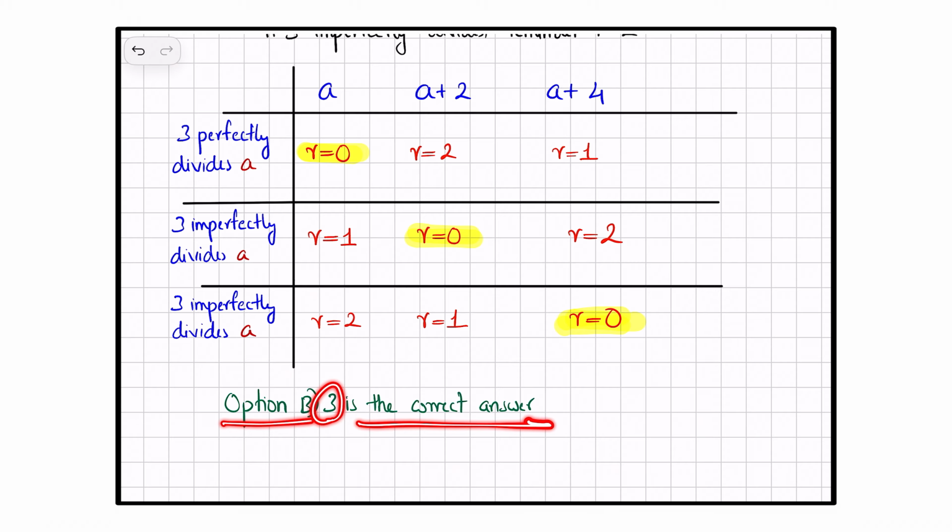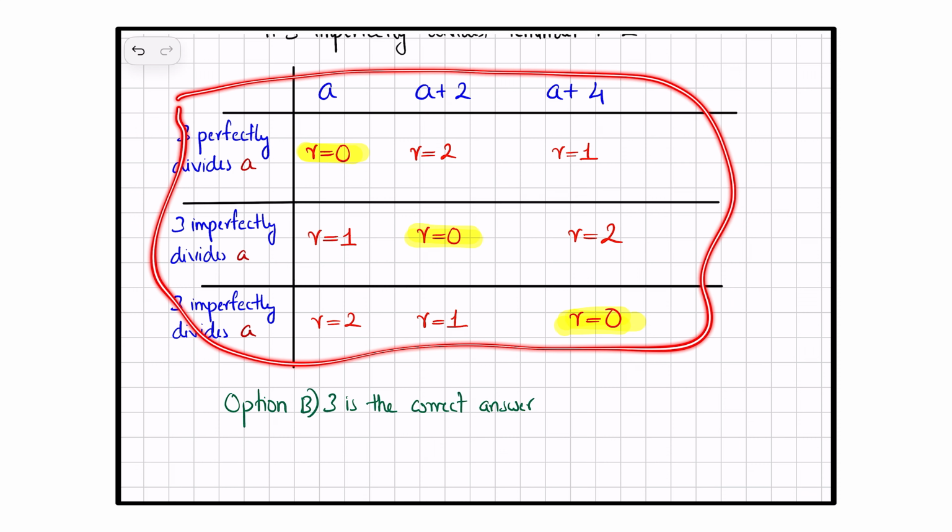Some of you may have a doubt about why we only considered 3 perfectly divides a. We didn't consider 3 perfectly divides a plus 2 or 3 perfectly divides a plus 4. I will ask all of you having this doubt to try the same exercise.